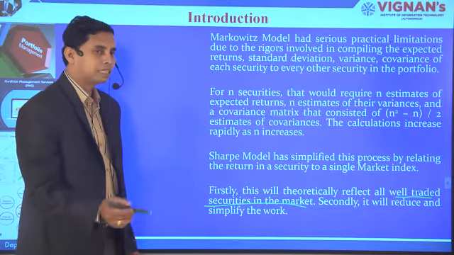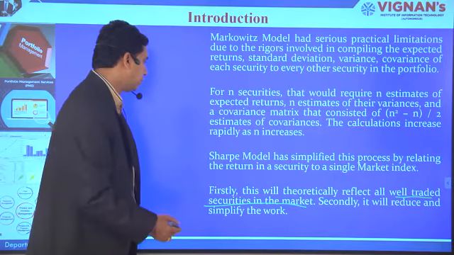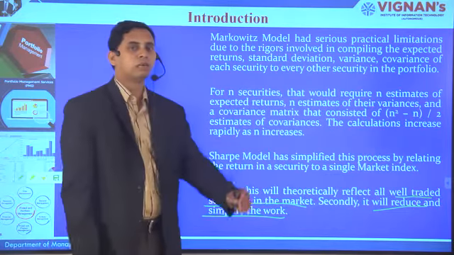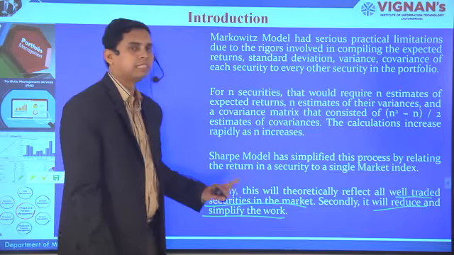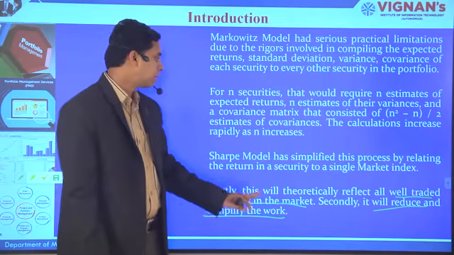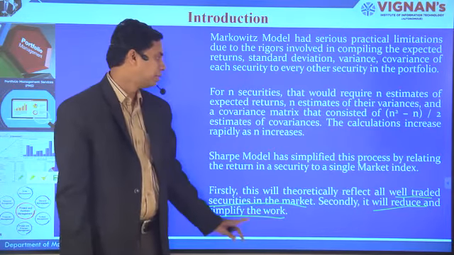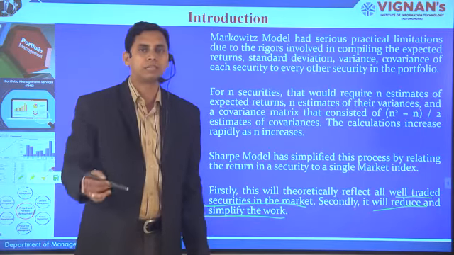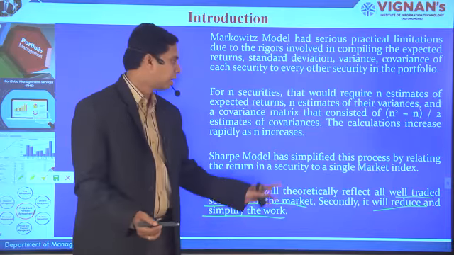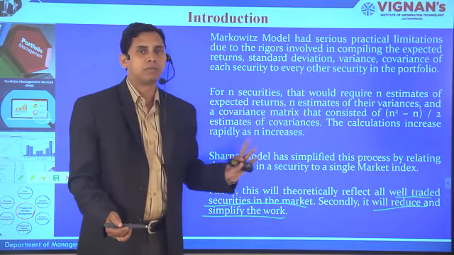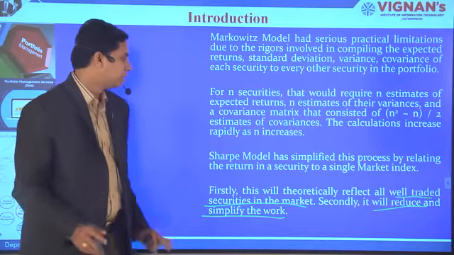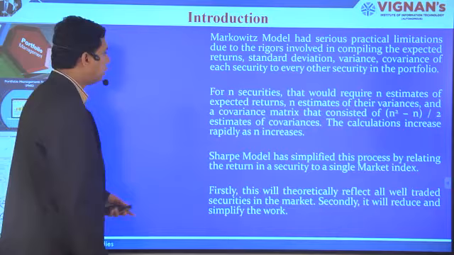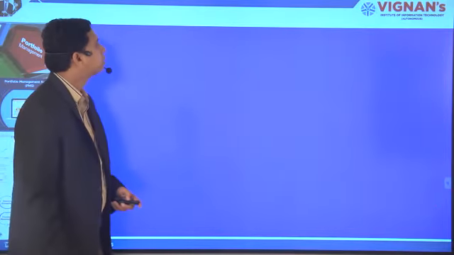Secondly, it will reduce and simplify the work that needs to be done, because we are not supposed to calculate so many covariances. These burdens are not there in this model, so that is simplified. So this is how the Sharpe single index model works.